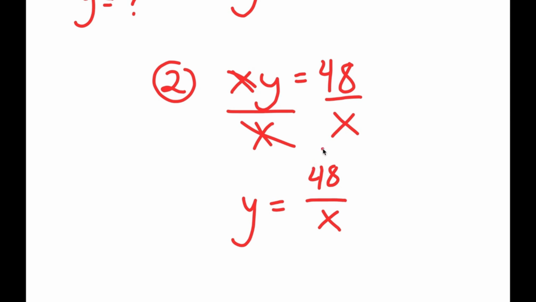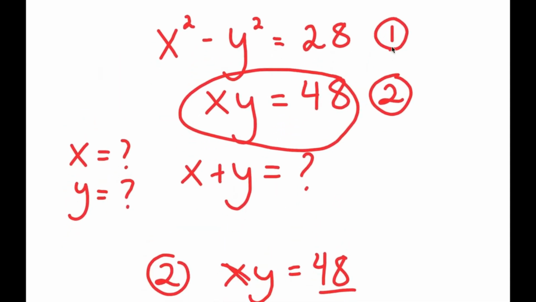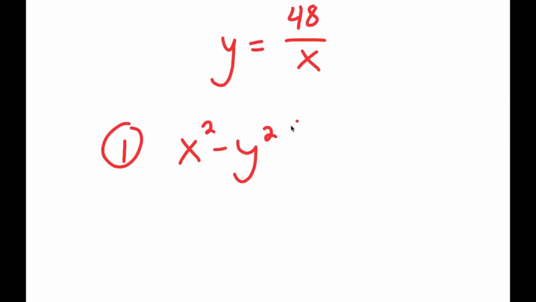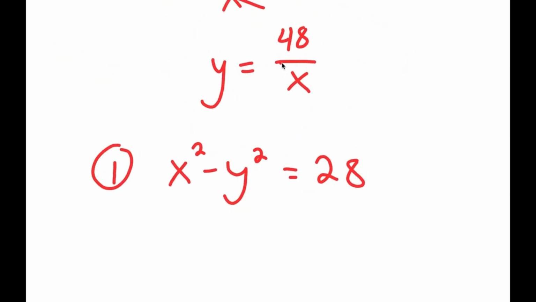Now, using this equation, I can plug this back into equation 1. So equation 1 is x squared minus y squared is equal to 28. Now here we got y is equal to 48 over x.